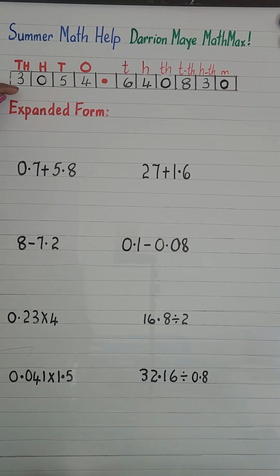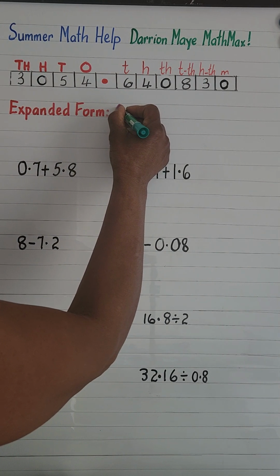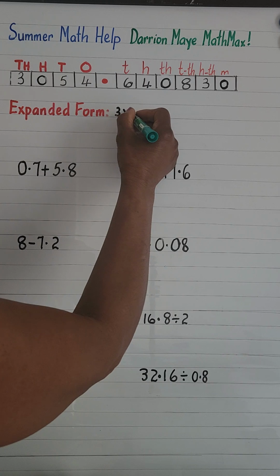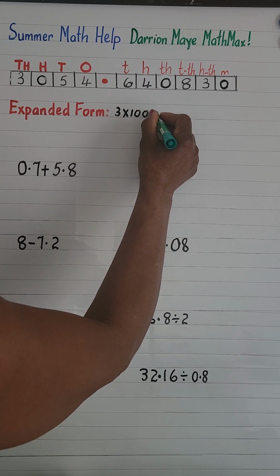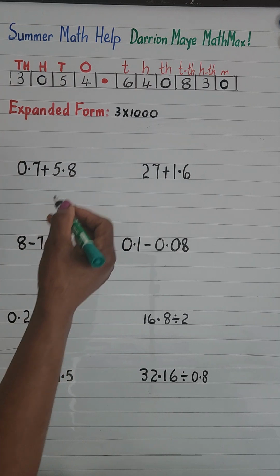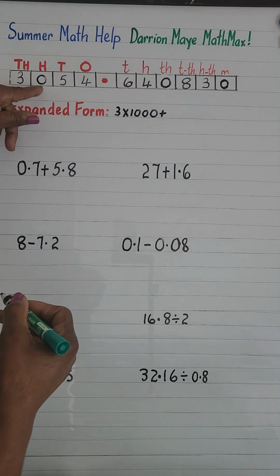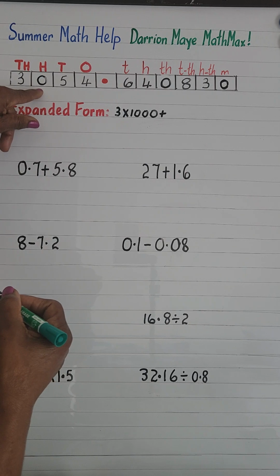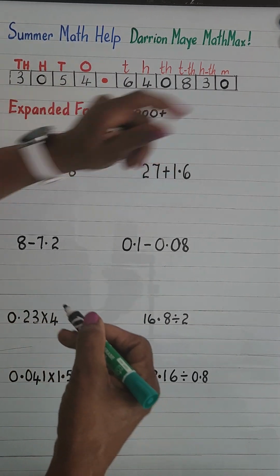So we have 3,000 in expanded form. That is 3 times 1,000 plus, we have 0 times 100, so we don't need to put anything there.